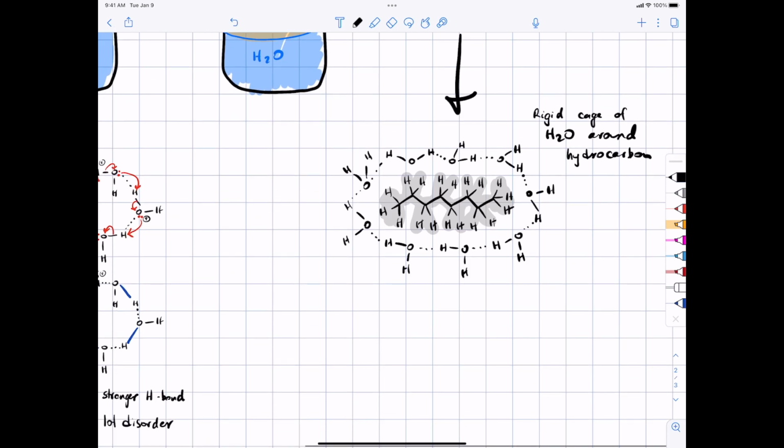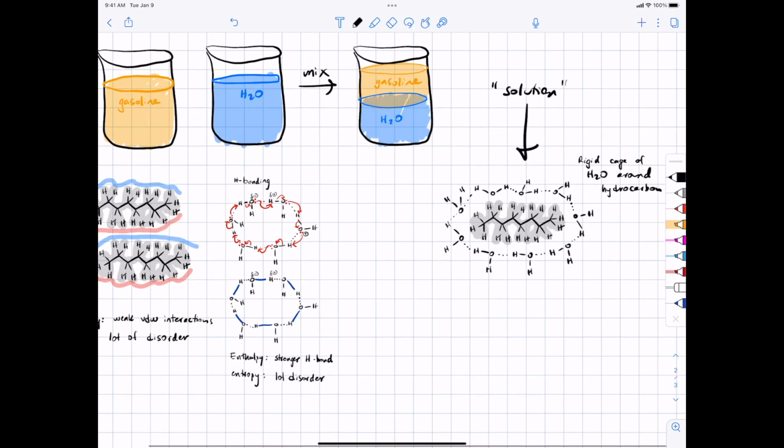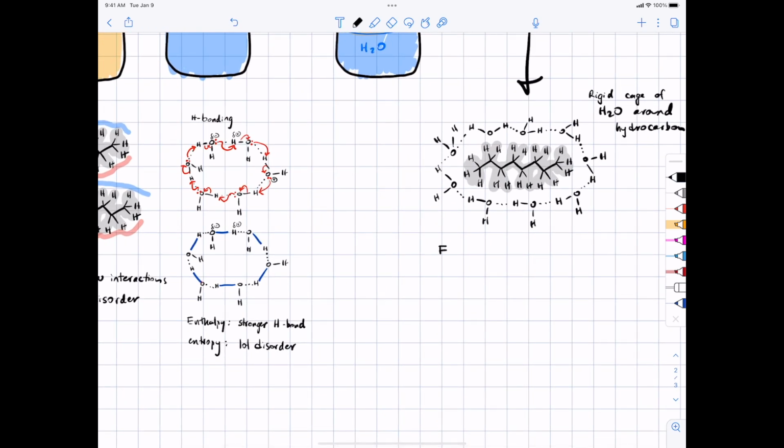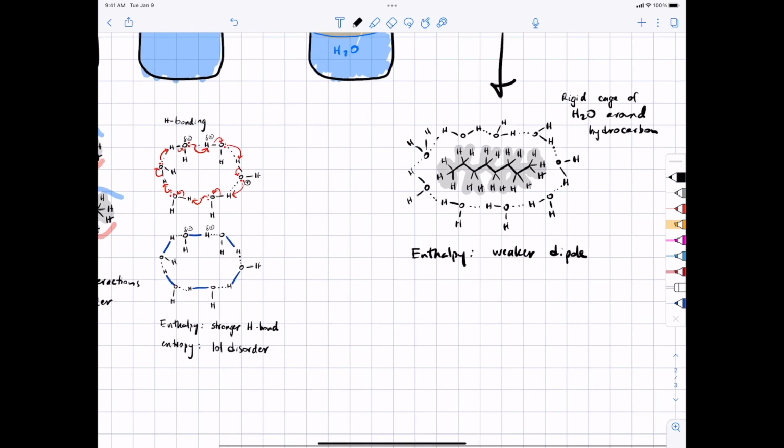So now let's think of this situation versus the 2 situations we just described over here. In terms of enthalpy, we have weaker dipole induced dipole interactions.